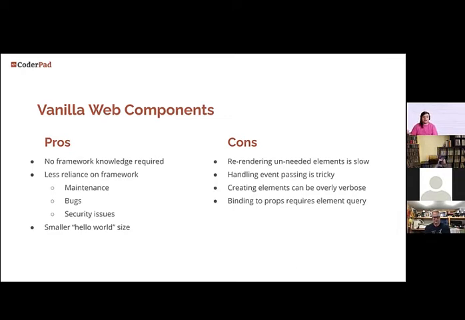When we had to create the checkbox, we had to do createElement, input.type equals checkbox, then this, that, and it's not very readable. And then finally, binding to props. If you need to bind to a property, it's not just dot prop. You need to do a document query, you need to do this and this, and again, frustrating. They're not easily managed.